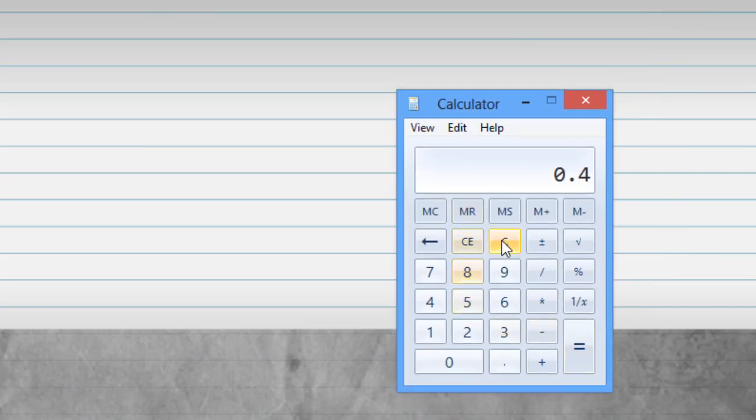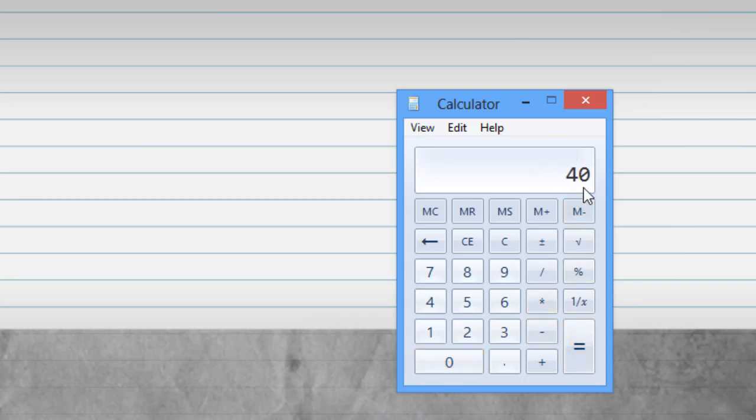Okay, let's do it. 0.00040, which is the same thing as 4 pips, not 40 pips. So what we're going to do is multiply it by 100,000.